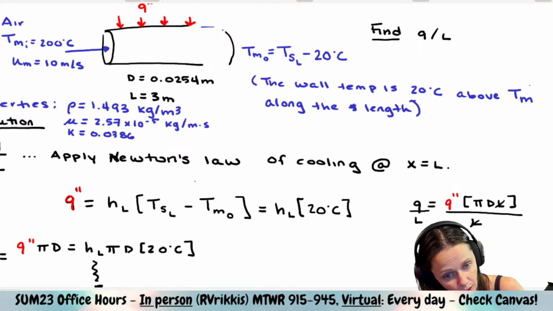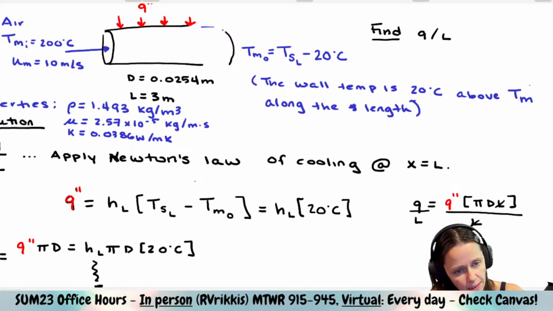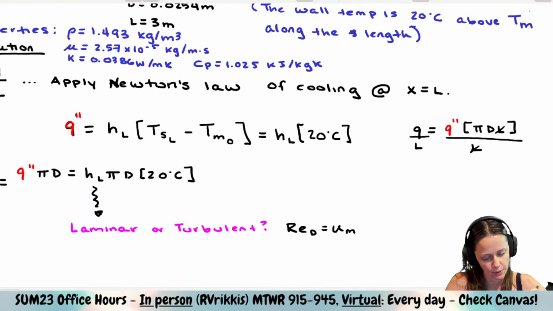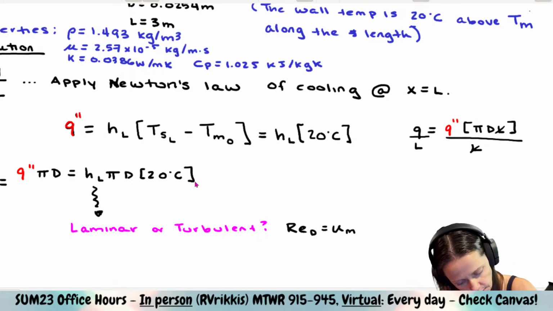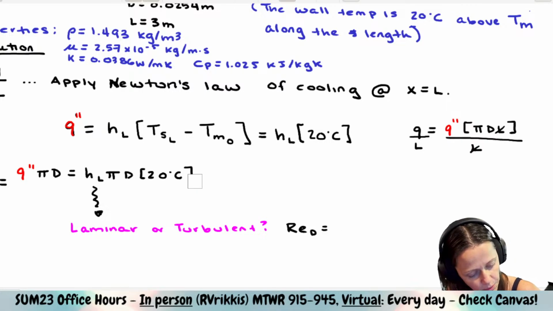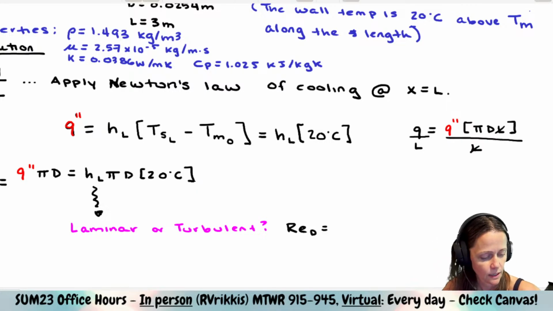Thermal conductivity 0.0386 watts per meter Kelvin. Maybe I need a CP, I don't know, but we'll see. CP is 1.025 kilojoules per kilogram K.